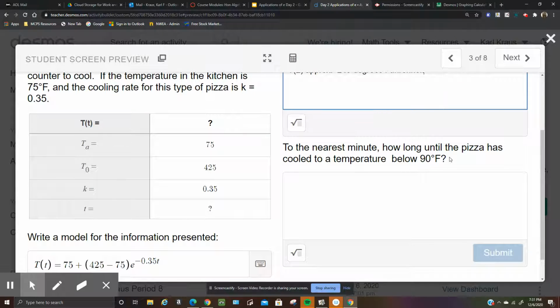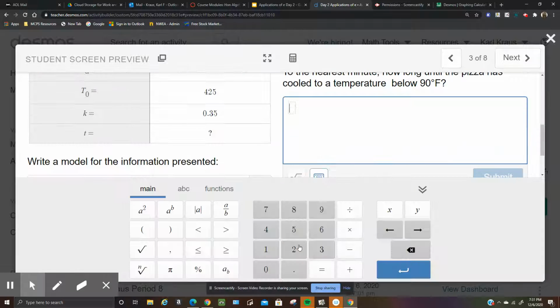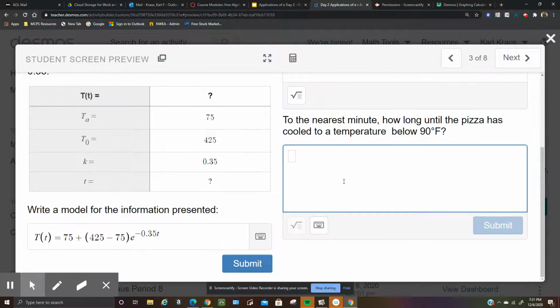To the nearest minute, how long until the pizza has cooled to 90? Here you're plugging in a 90 for the final temperature.